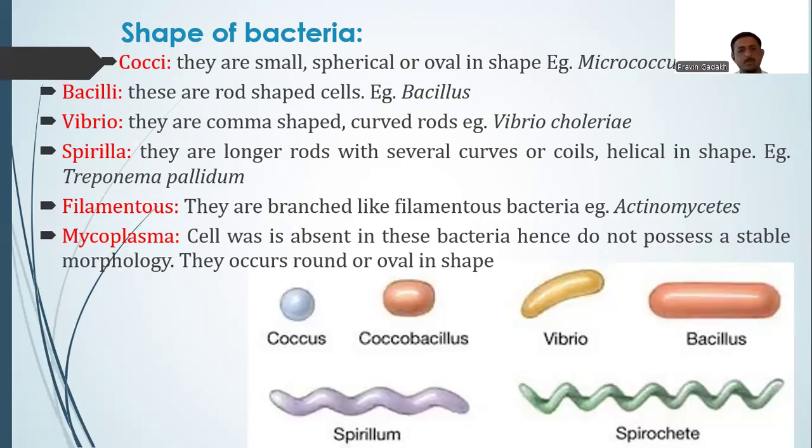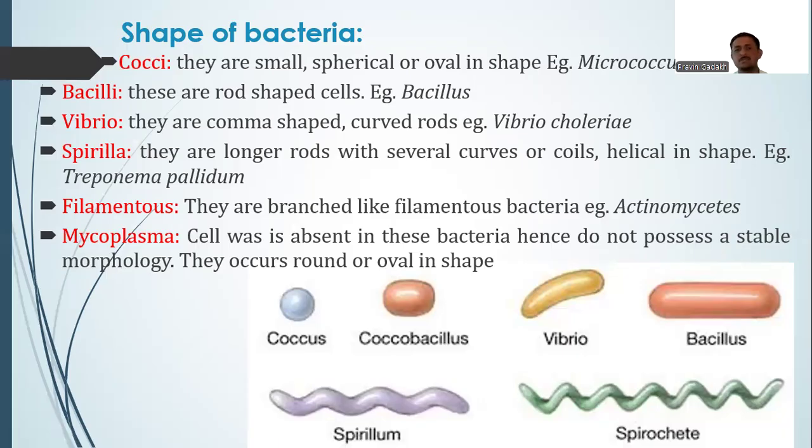For example, Treponema pallidum, a causative agent of syphilis, is a spirillum shape of bacteria. The filamentous shape of bacteria we can also observe. They are branch-like filamentous bacteria, like in the case of actinomycetes, where we can see that type of structure.